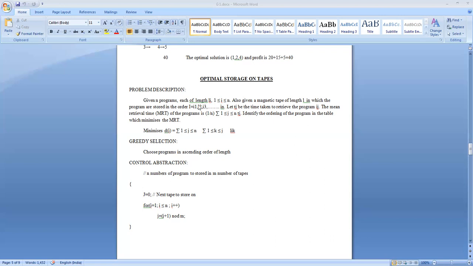Let us assume that the programs are stored in the order I1, I2, I3 up to In. And we have to retrieve these programs from the magnetic tape. So there will be a time consumed in retrieving a program from the given magnetic tape.